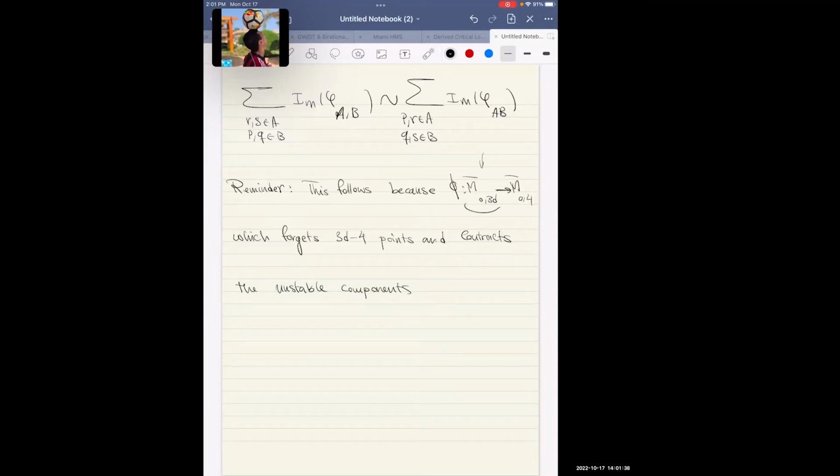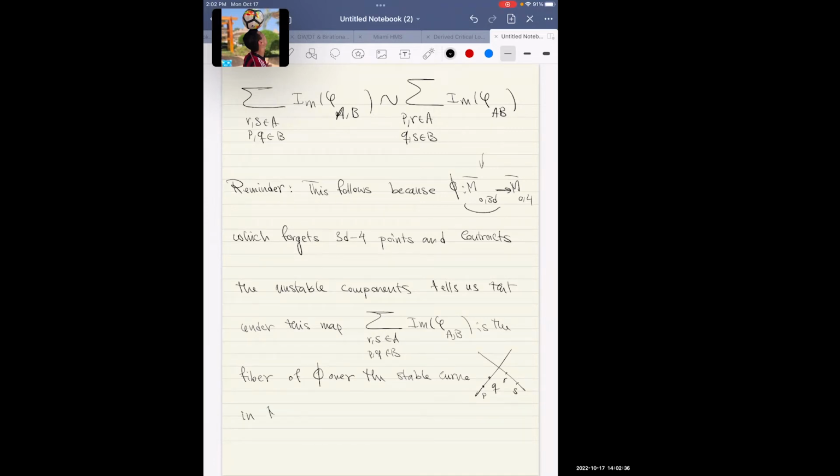under this map, and so this follows because this map, which forgets the points and contracts the unstable components, tells us that under this map, the sum over R, S in A and P, Q in B of the image of phi A comma B is the fiber of phi over the stable curve P Q R S, basically.